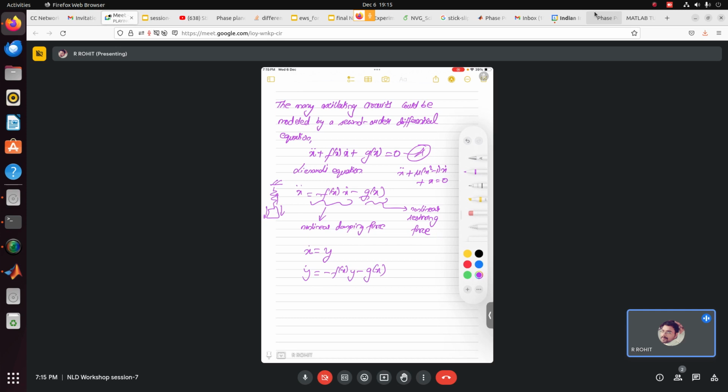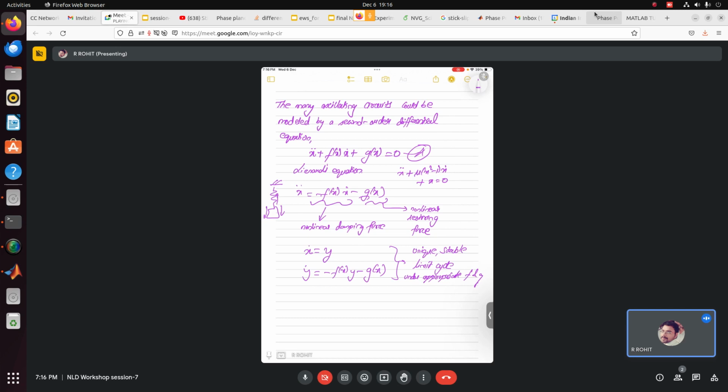So these are the two first order equations which we have, and it is proved that for these two equations, you will have a unique stable limit cycle under appropriate f and g.